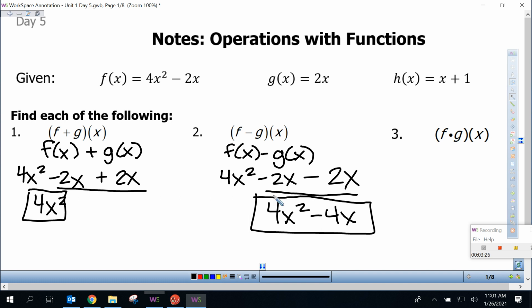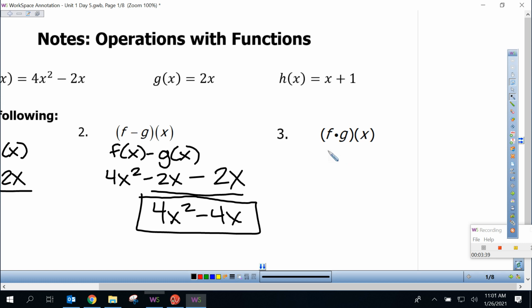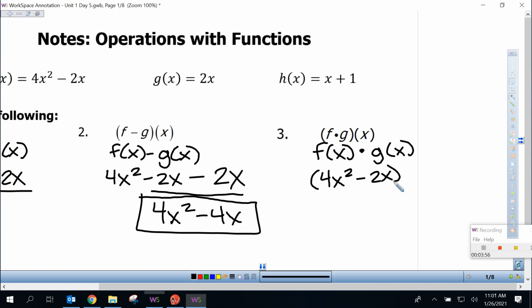Okay, number 3, what operation are we doing with f of x and g of x? We are multiplying those two functions. I'm going to rewrite this as f of x times g of x. So for f of x, we have 4x squared minus 2x. And it needs to be multiplied by g of x, which is 2x.